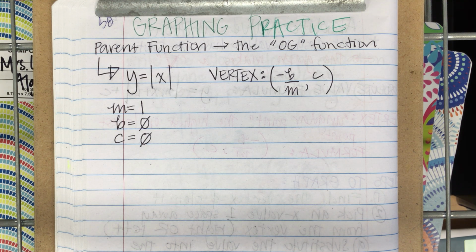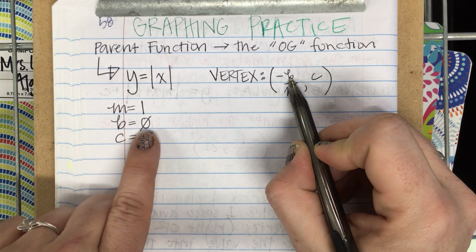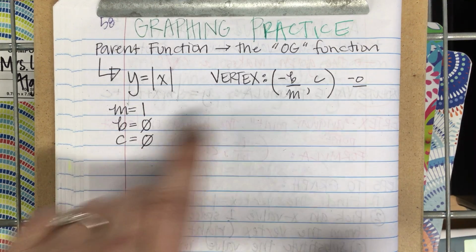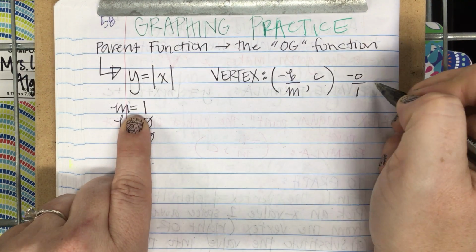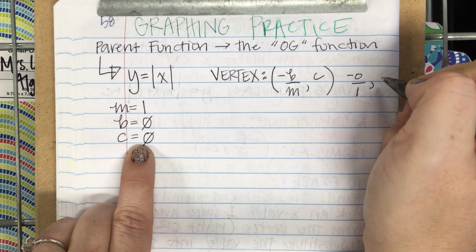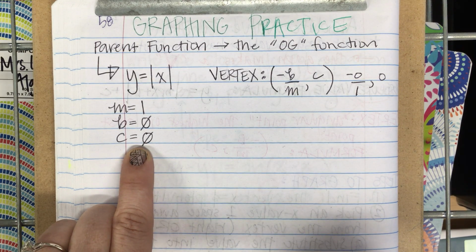C is my y value. So we're going to substitute negative b, negative 0, over m, 1, comma, 0. So what's my vertex?